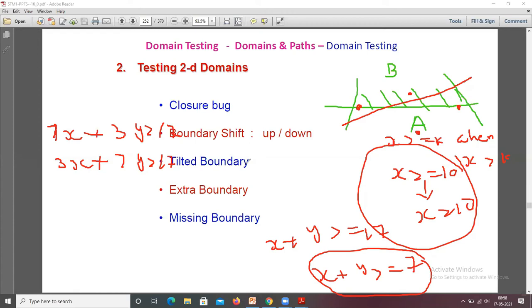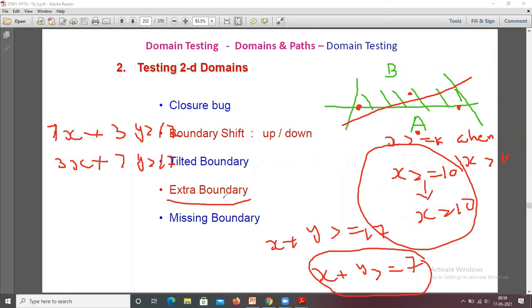The next one is the extra boundary. An extra boundary is created by an extra predicate. An extra boundary will slice through many different domains and will therefore cause many test failures for the same bug.